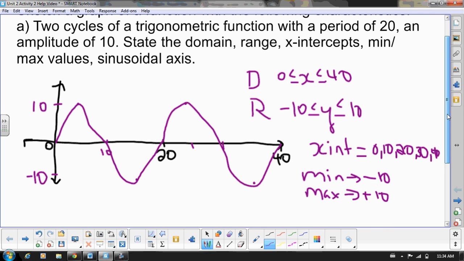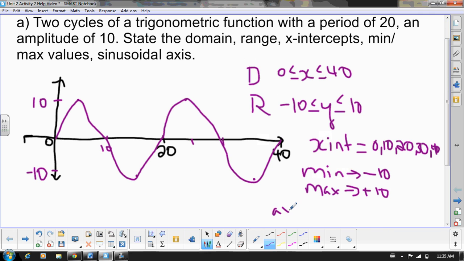And then the sinusoidal axis in this example is equal to, actually let me undo that, it's not the axes, is at y equals 0. So that's what I'm looking for in that question.